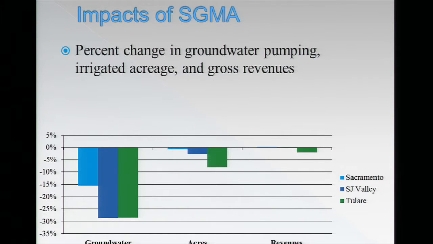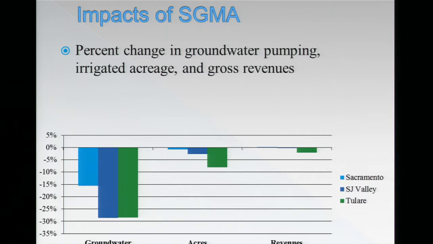But the economics is interesting because if you look at the groundwater cuts, and the green is Tulare and the blue is San Joaquin, we see similar average, about 28% cut in groundwater. But you only see a significant acreage cut in the Tulare Basin, about 8%.